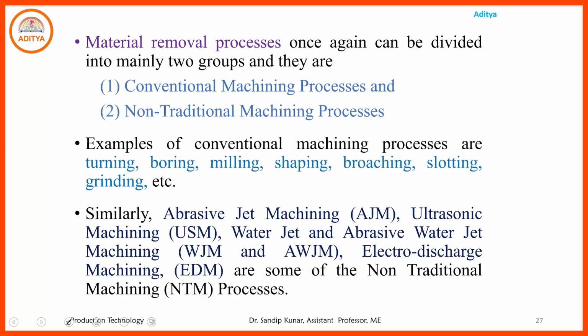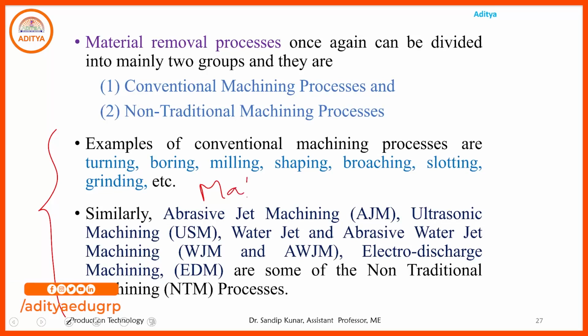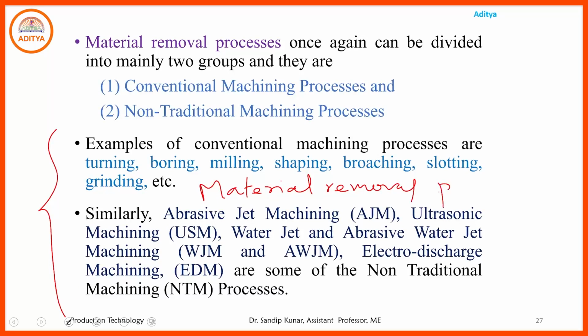Advanced machining process, meaning unconventional machining process, includes electrochemical machining, laser machining, electron beam machining, ultrasonic machining, abrasive jet machining. Both are material removal processes.